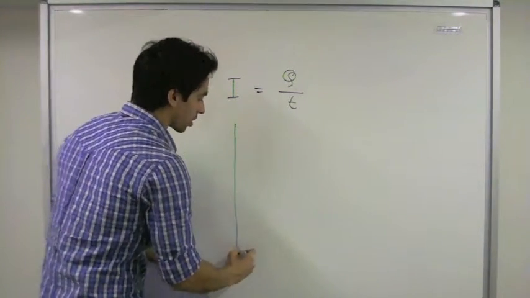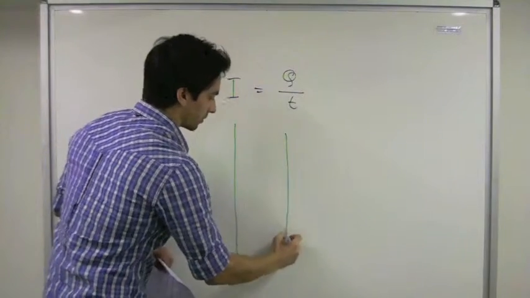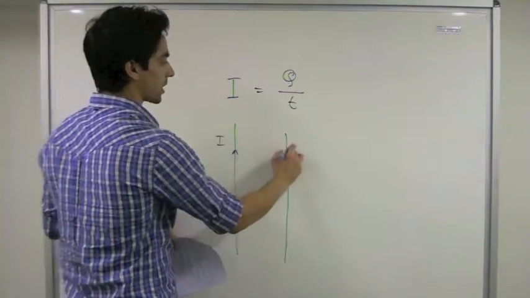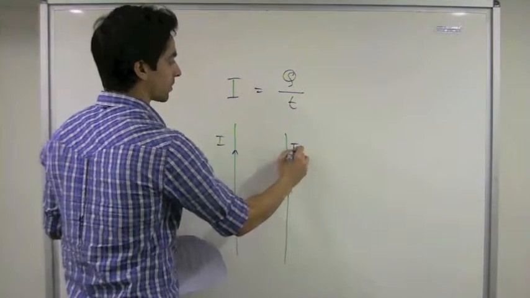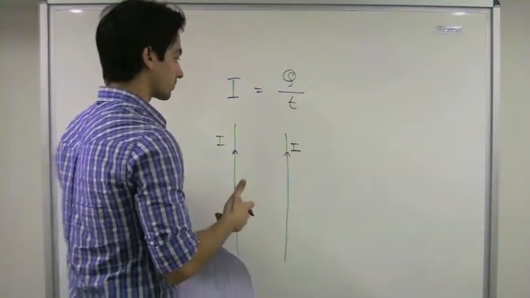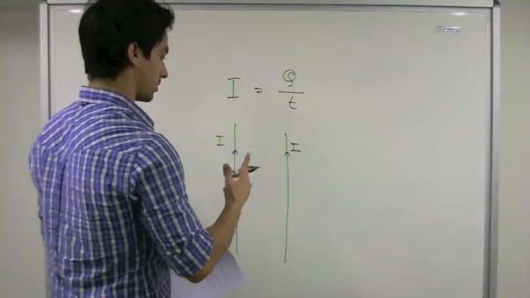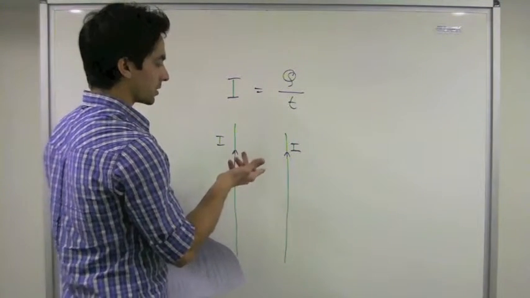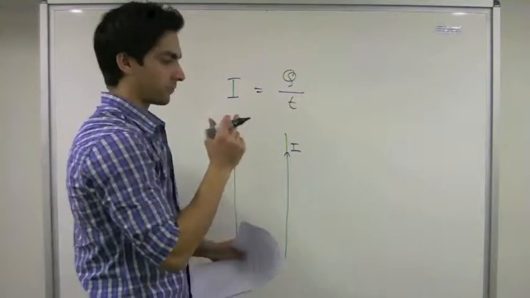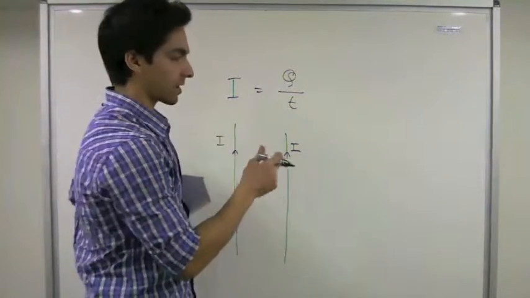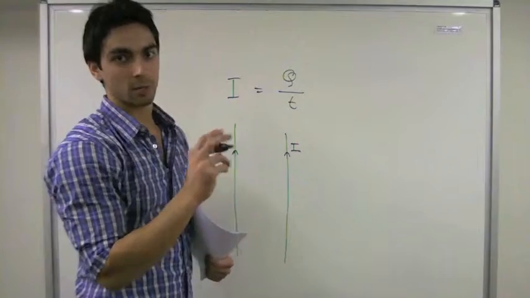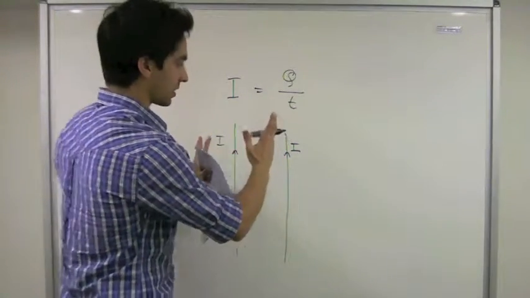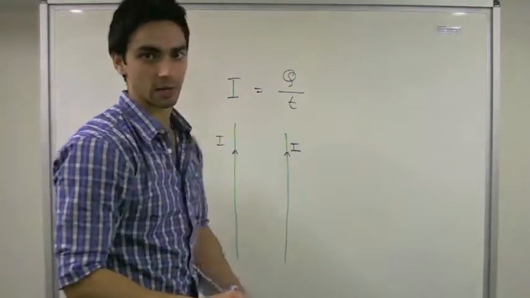So when we go to the topic of magnetism, we will know that when there are two current carrying conductors, there will be a force of attraction or repulsion on them, depending on the direction of the current, whether they are in the same direction or in opposite directions.